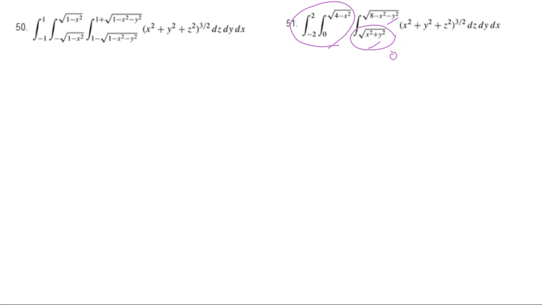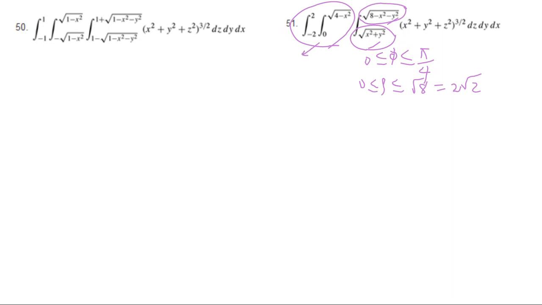So phi between 0 and pi over 4. We did that before with the same quantity. Rho between 0 and radical 8, which is 2 radical 2.